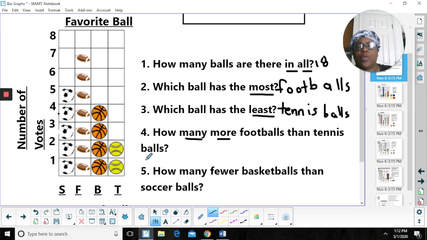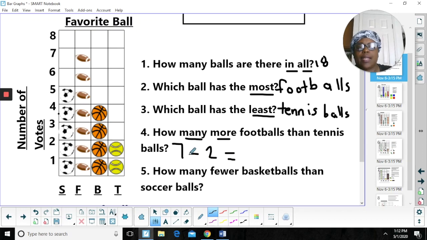All right, so we have to find out how many footballs we have first, right? So let's go over to our graph, up the graph and over. How many? 7. Now we're going to go to our tennis balls. Up the graph and over. How many? 2. So it's going to be take away 2.